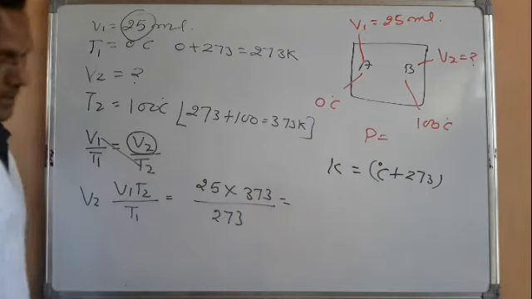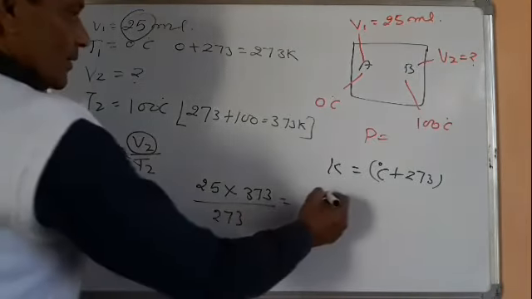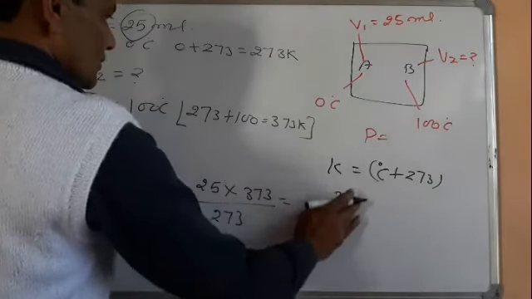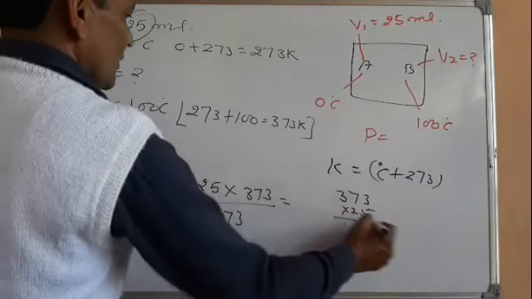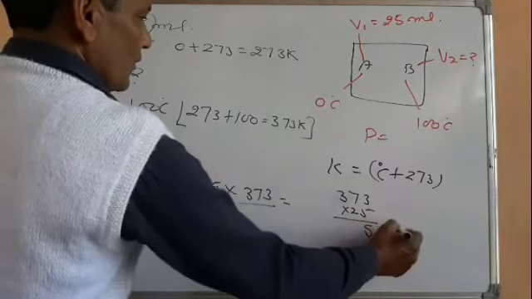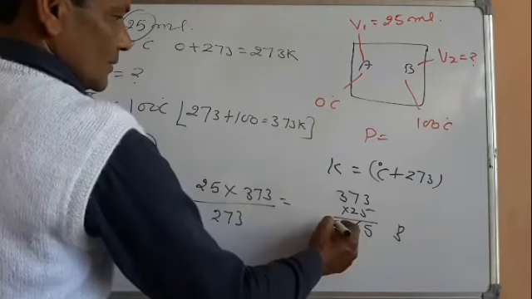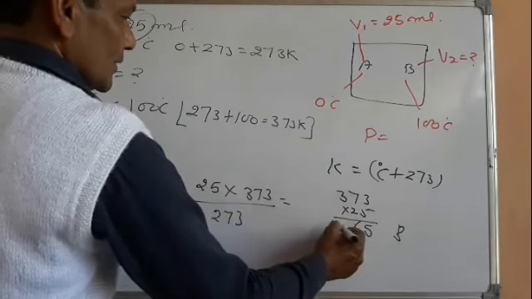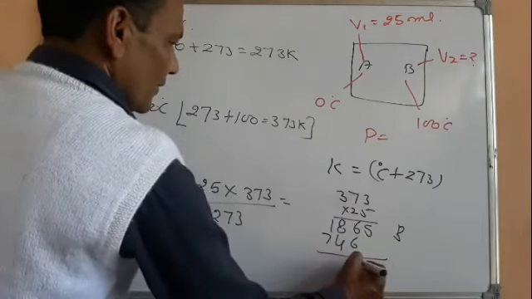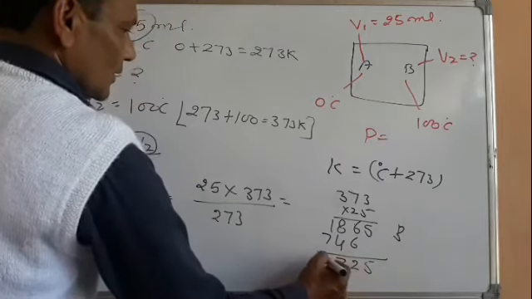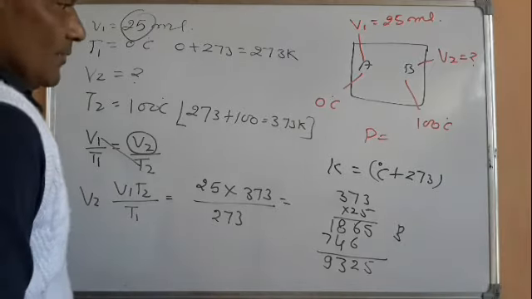So the calculation of this: 373 into 25, then divide by 273.